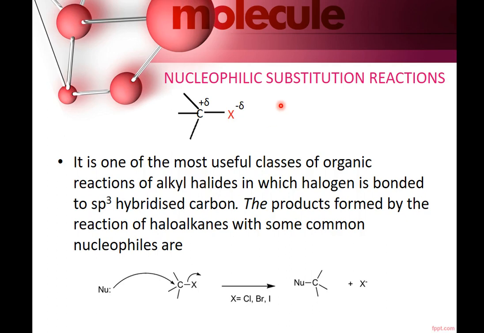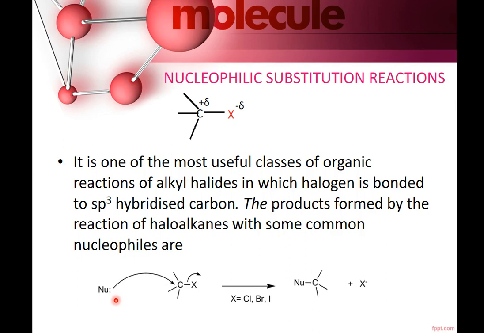So, the most useful, most important organic reactions of alkyl halides are nucleophilic substitution reactions. Why nucleophilic substitution? Because carbon attracts nucleophile being positively charged and halogen can be replaced.